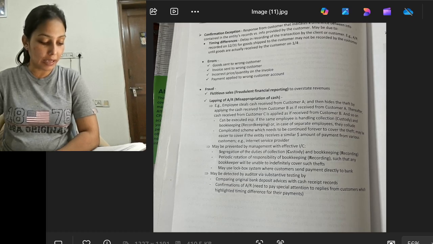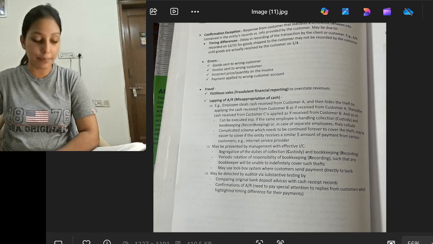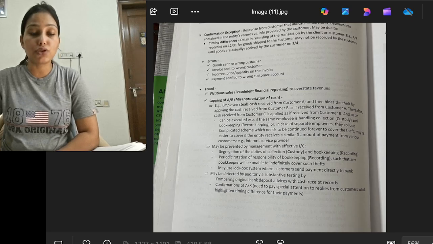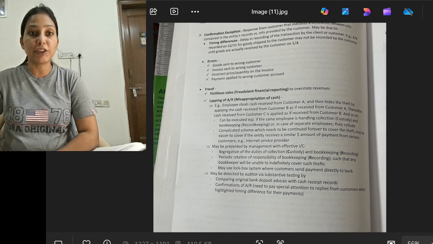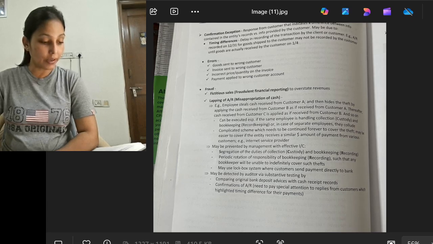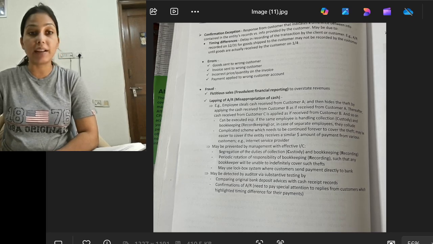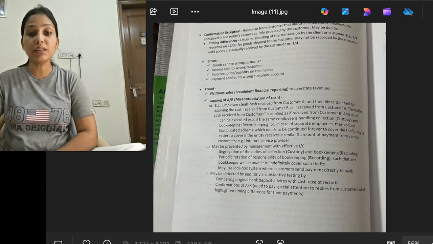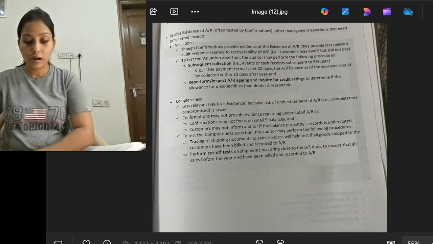Also, lapping of the AR, like misappropriation of cash, can occur. Strong internal control should be in place to mitigate this fraud risk. So these are the cases where exceptions are there for the AR, and proper reconciliation should be done if it still mismatches with the amounts mentioned in the financial statements.